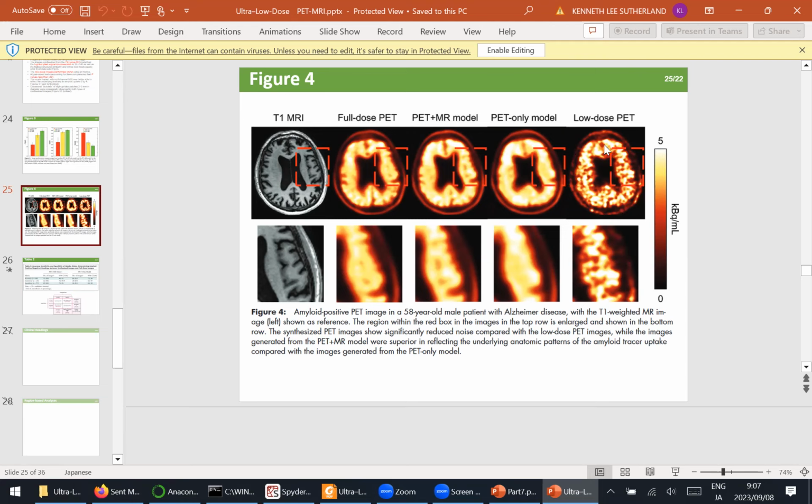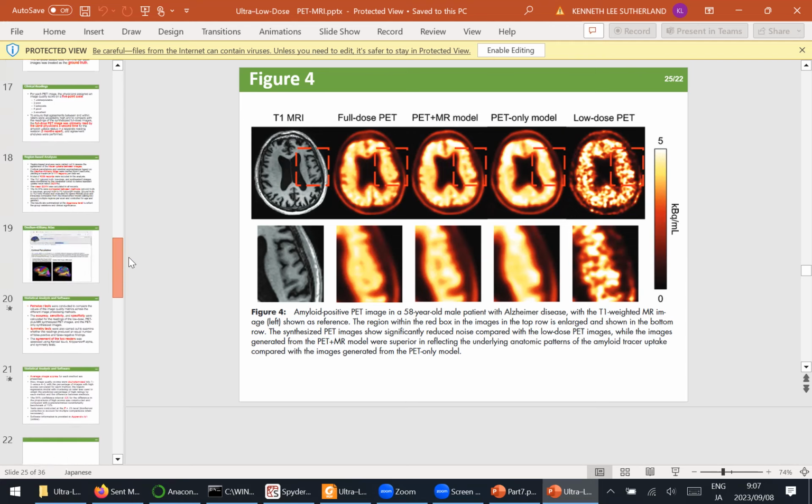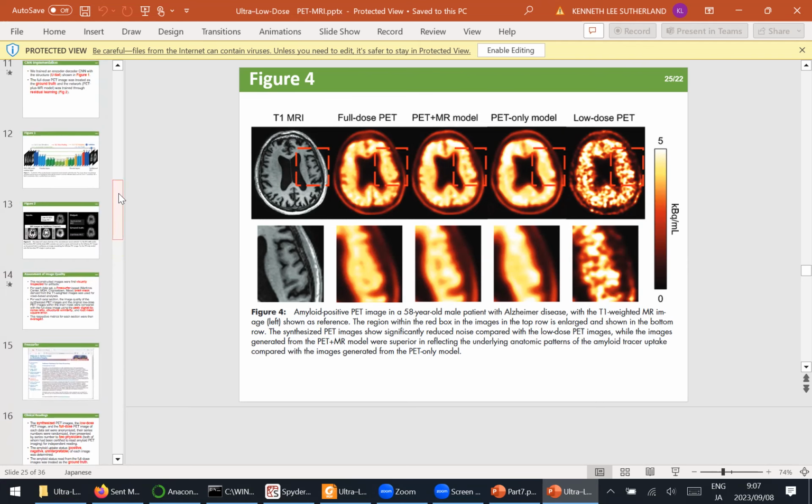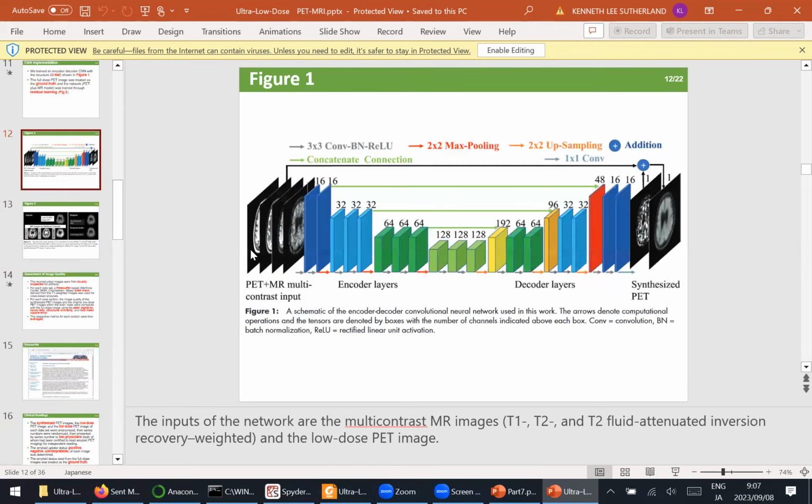That's not possible with super resolution alone, so this paper combines the information with the MRI. If you input both the MRI image and the low dose PET image, then you can generate a normal dose PET image.